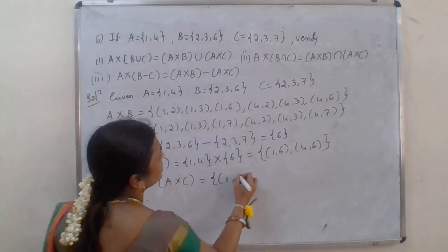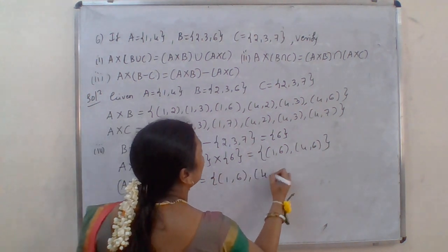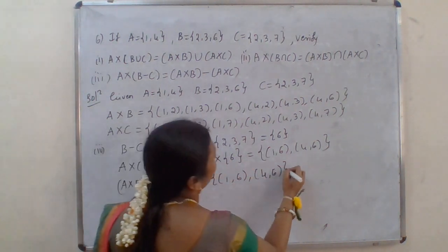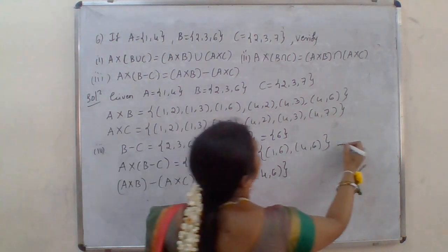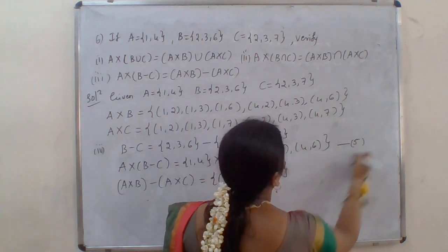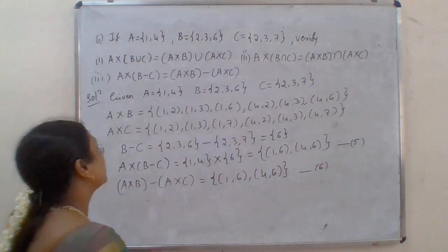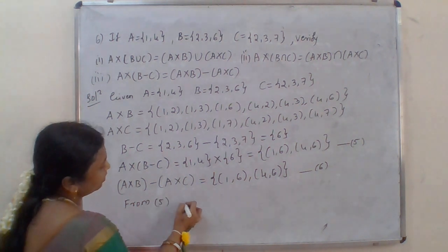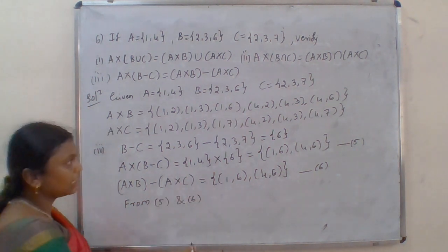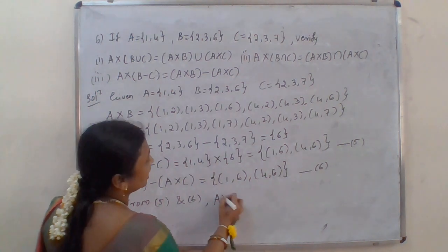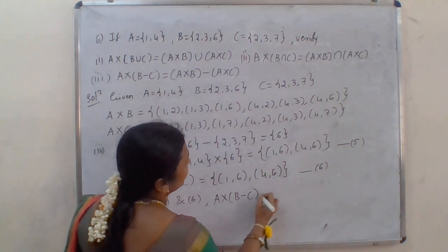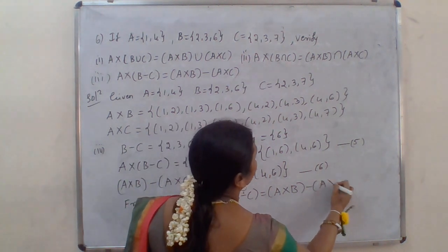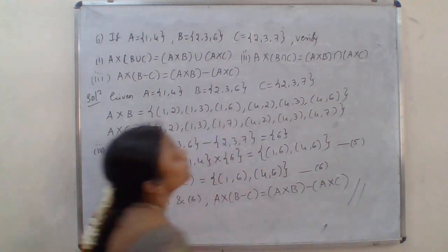Only two elements belong to A cross B only. Okay. So call this equation number 5 and equation number 6. From equation 5 and 6, both RHS are the same. From 5 and 6, it is clear that A cross B minus C is equal to A cross B minus A cross C. Okay, this is your proof.